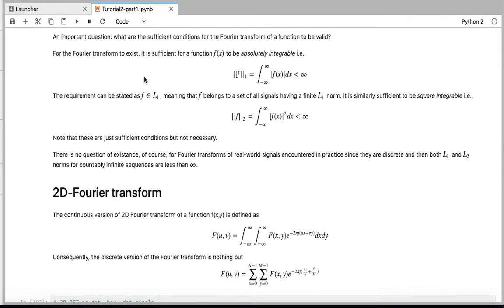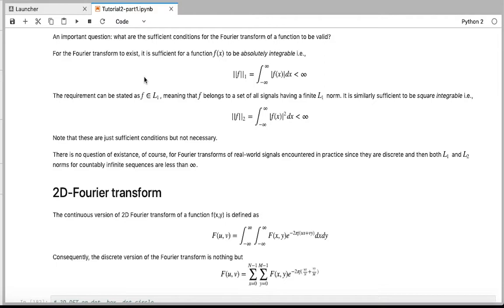Now we come to an important question: when does the Fourier transform exist in the continuous case? Usually we think that it exists all the time, because whenever we input something to a SciPy function, you get something out.